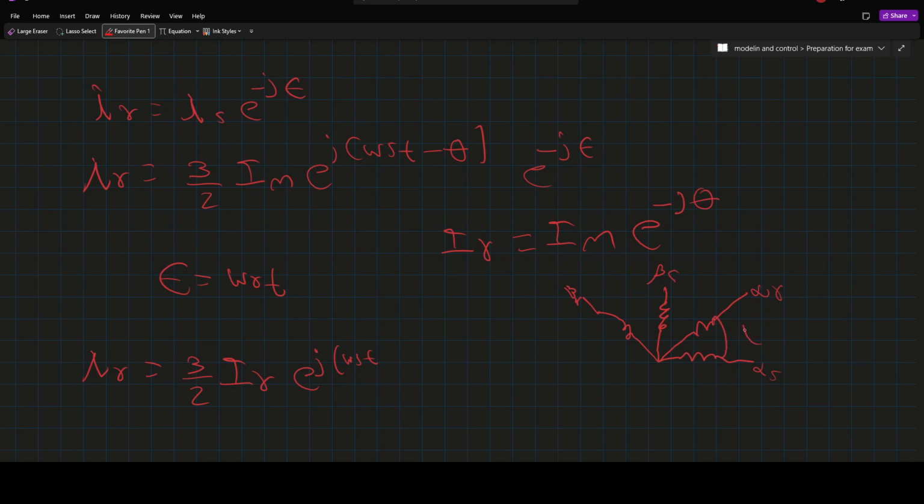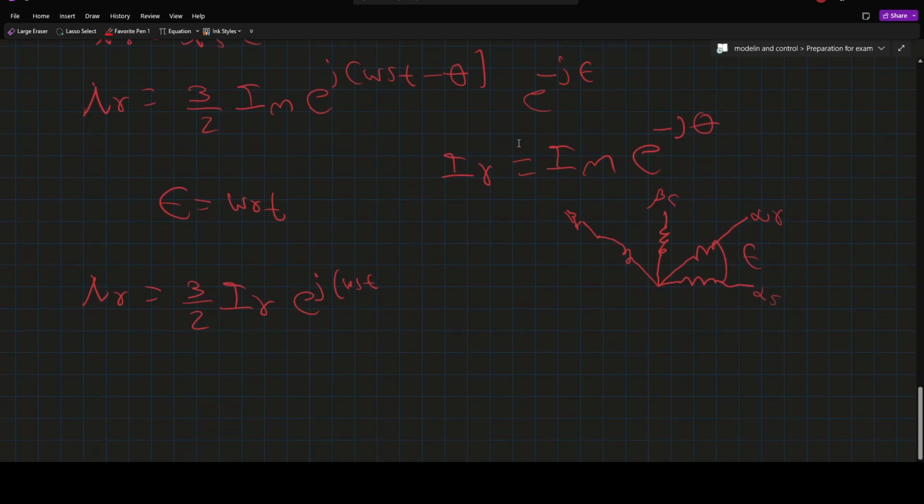So this angle between both of them is epsilon. If we derive epsilon with respect to t, since this is an angle, we will get our angular speed, omega R, because this is the speed at which R is moving.